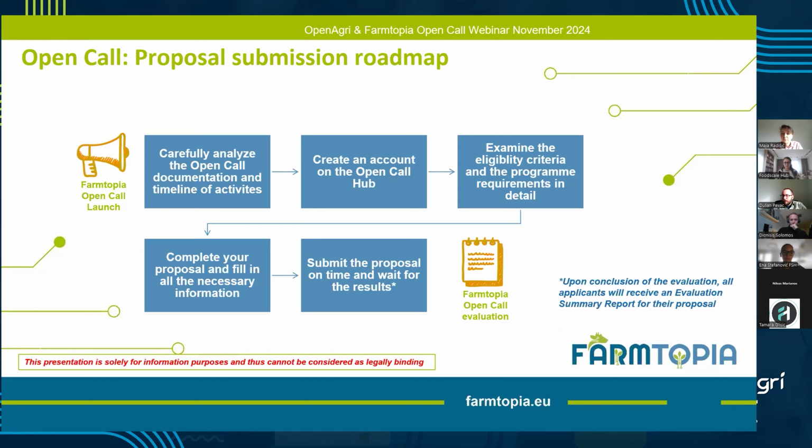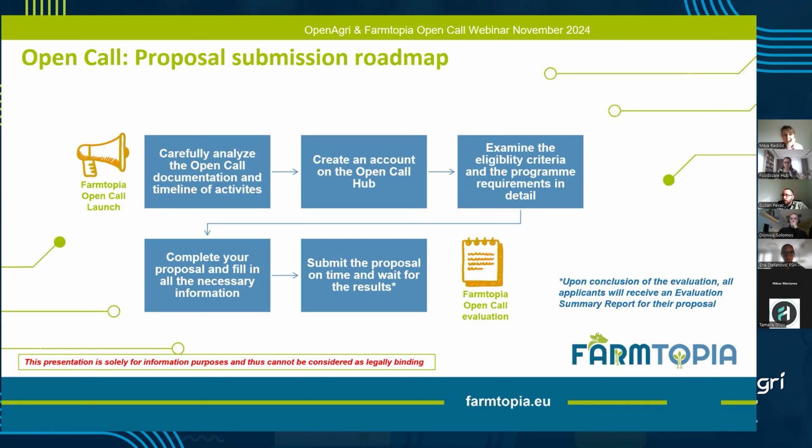The roadmap is the same as it is for the OpenAgri open call. It has already launched, and now the applicants are creating their proposals. In order to create a good proposal, it is essential to go carefully over the documentation that is available in the Open Call Hub to see what we are looking for and how your proposal can address the challenges we have indicated.